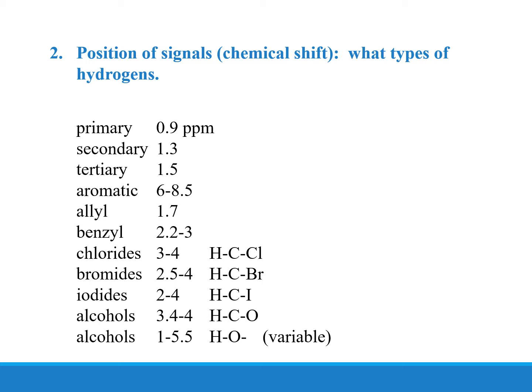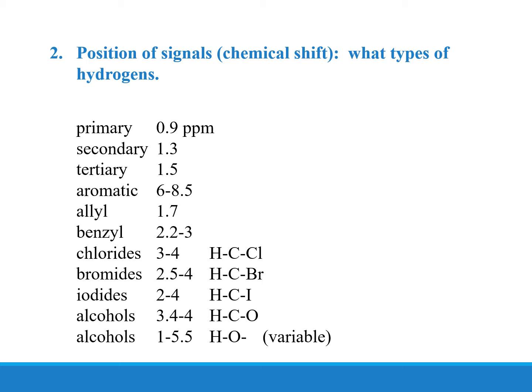Primary hydrogens, like in methane, for instance, or in ethane, will have a chemical shift less than 1 most of the time, whereas hydrogens that are connected to a more electronegative atom will be more de-shielded and will have higher chemical shifts in the NMR spectrum.